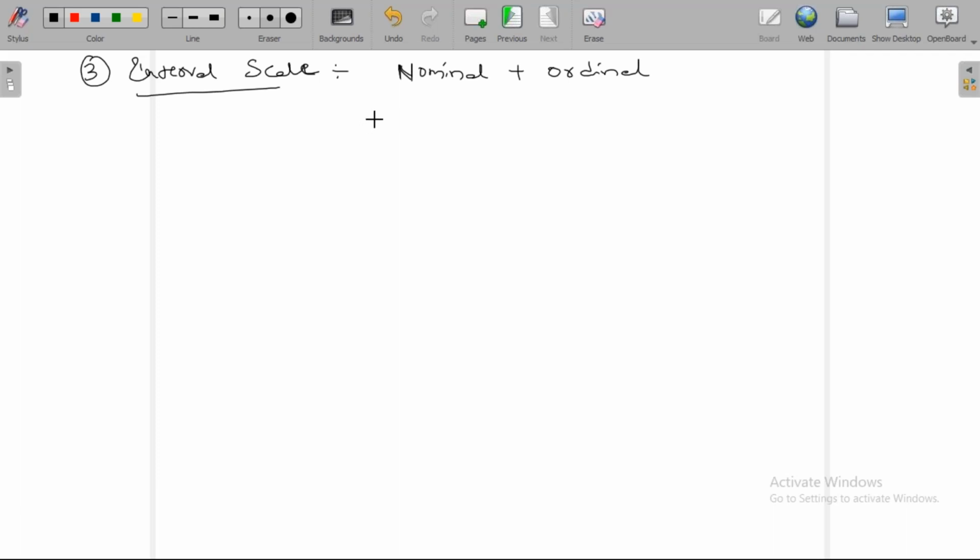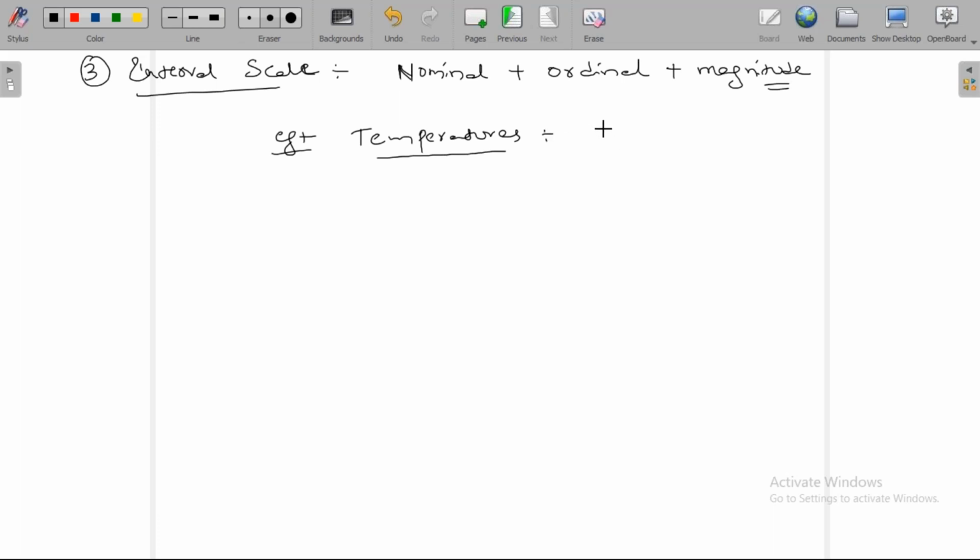So what are the characteristics of interval scale? Comparisons are possible. You can compare, right? 10 is less than 20, 20 is less than 30. Mathematical calculations, or arithmetical calculations, are also possible.